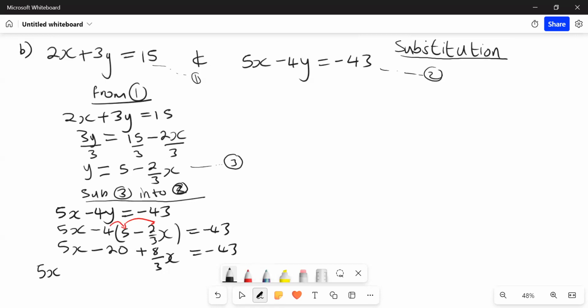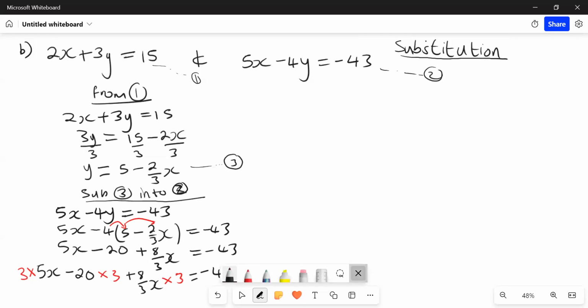So we have 5x multiplied by 3, minus 20 multiplied by 3, plus 8 over 3 x multiplied by 3, equals negative 43 multiplied by 3. I hope we took care of that one.